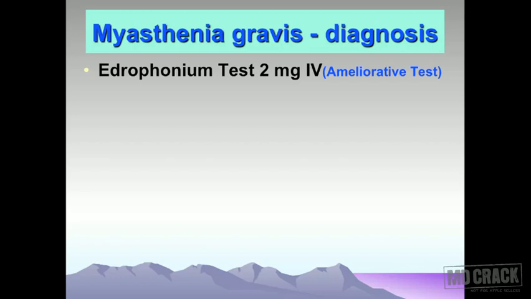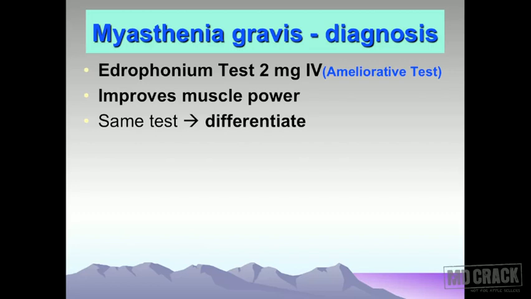Suppose we presume this patient has myasthenia, is likely to have less acetylcholine at the neuromuscular junction. When you give edrophonium, it will supply acetylcholine, and this deficiency will be made up. And this is why the muscle power of the patient will improve. So that's the basis for edrophonium test for myasthenia gravis.